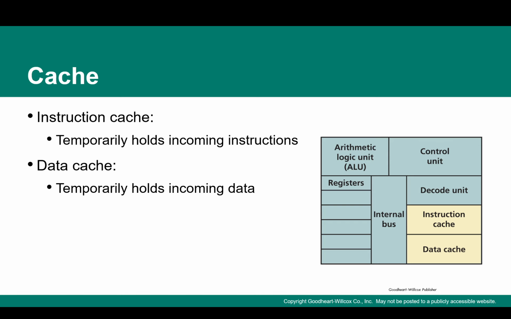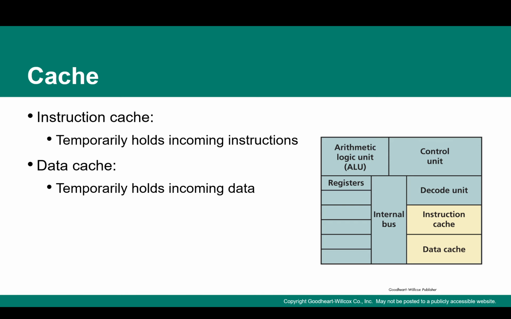The cache is used to temporarily hold instructions. The instructions are most of the time stored in RAM, random access memory, but from there you fetch the instruction and hold it in the MPU memory, the cache, so that you don't have to go a far distance, which takes time. If you hold instructions temporarily on the MPU, it's quicker to fetch and quicker to execute.